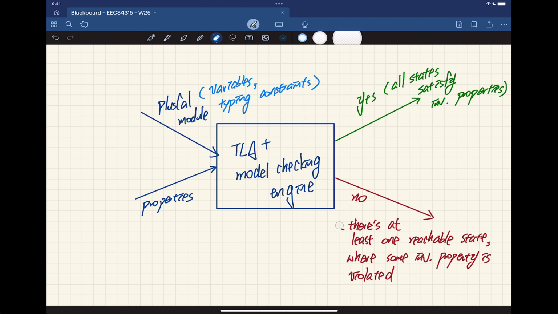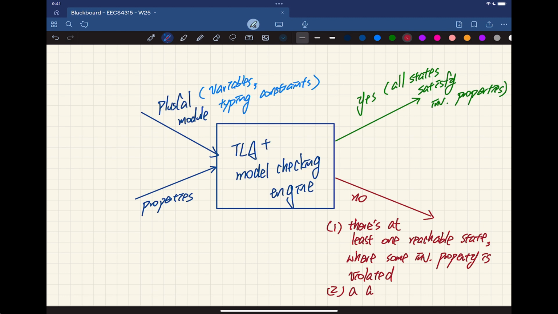And even more, the tool is actually going to give you something called a counterexample or counter trace to prove that if you follow through this particular trace, you're going to go to that troubling state. It's very good debugging information.